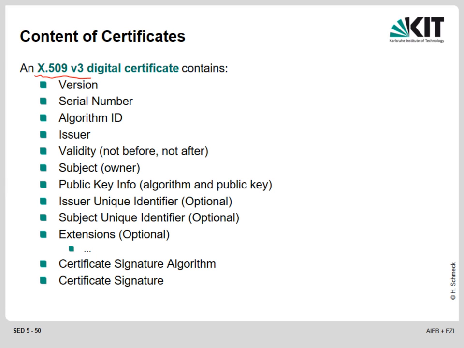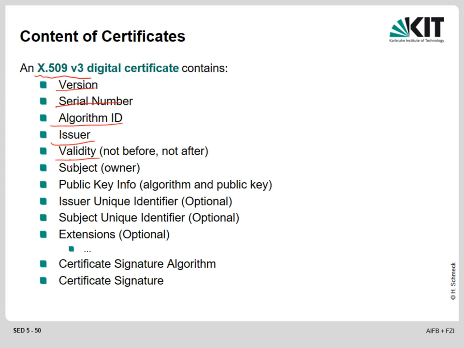They have all kinds of administrative information: version information, serial number, an ID of the algorithm, who has issued this certificate, and the validity period, not before a certain date, not after a certain date. If you have a certificate which is only valid for a short period of time, you have to renew it again and again. Here from KIT we get certificates now which are valid for, I think, 5 years or so.